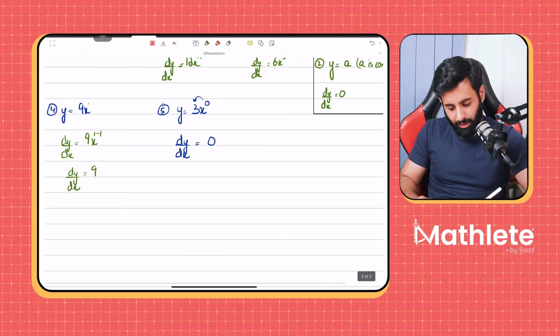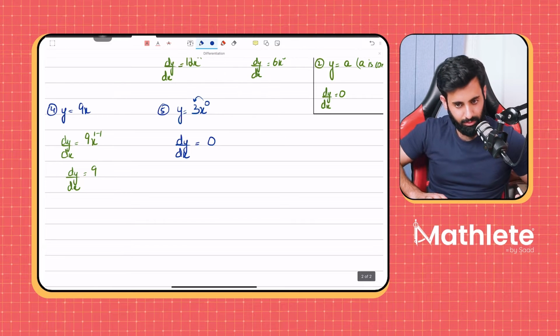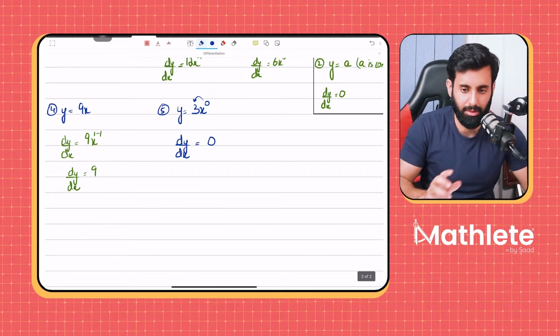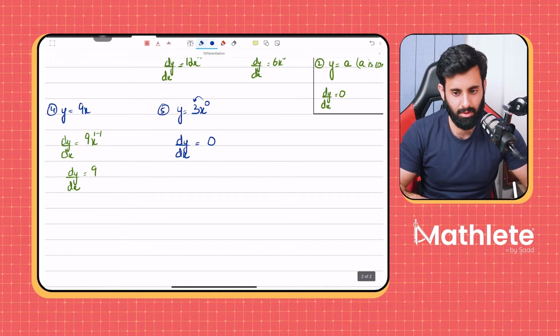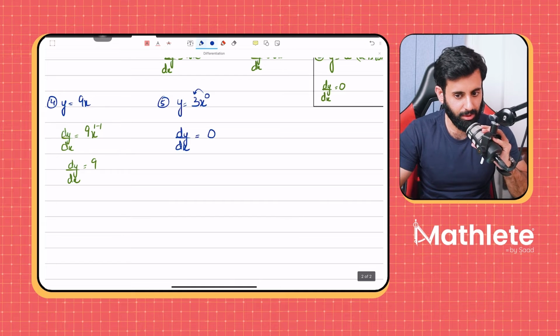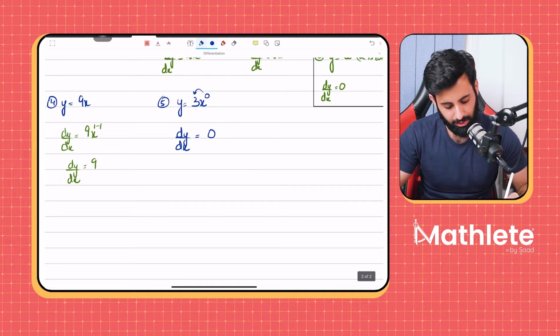y equals 9x. Now, if you just look at y equals 9x, what does this remind you of? It's an equation of what?